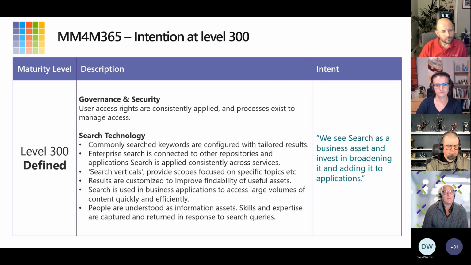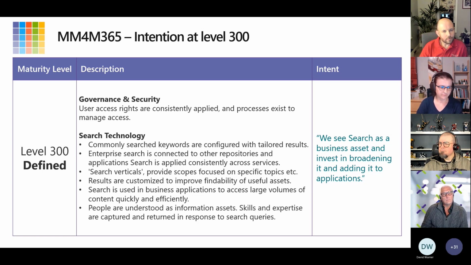Those are all good things, right, Agnes? I mean, we're heading in the right direction. Absolutely. And as soon as you can see search as a business asset or a business process, then that's definitely the right way to go.